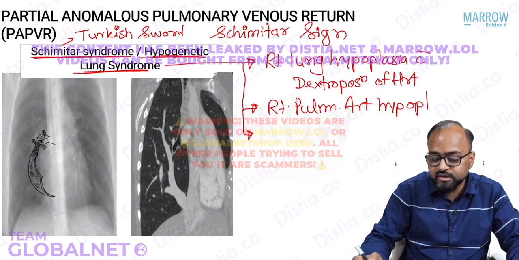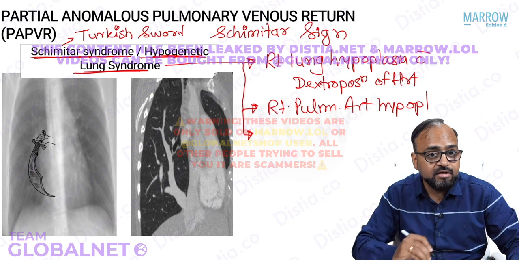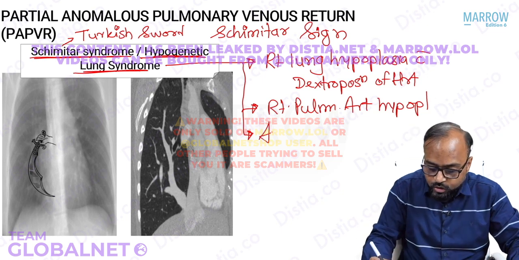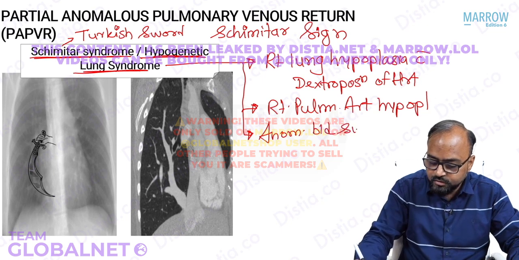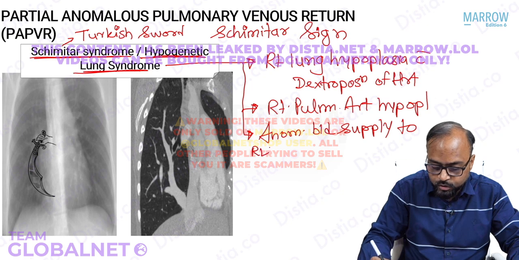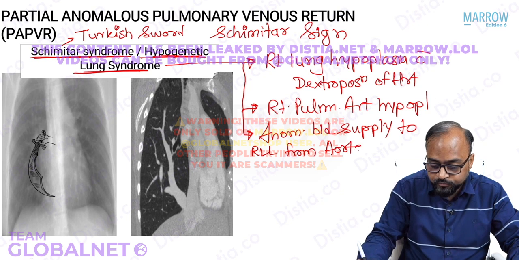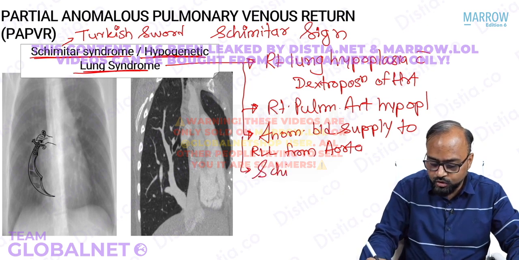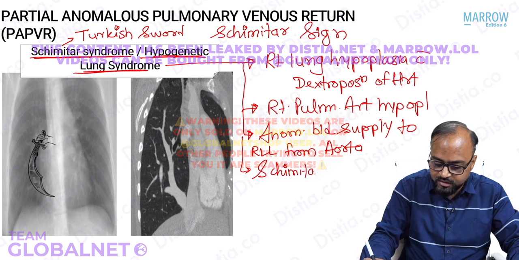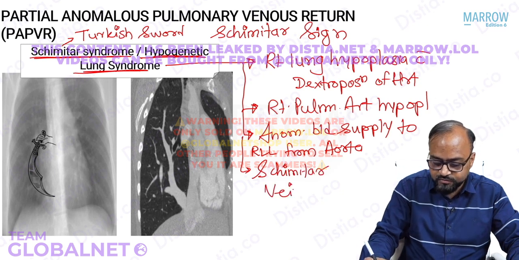Because the right pulmonary artery is hypoplastic, who will supply the right lower lobe? So there is an anomalous blood supply to the right lower lobe from what? From the aorta. And then there is an anomalous vein which is called the scimitar vein, and we have already seen this vein.